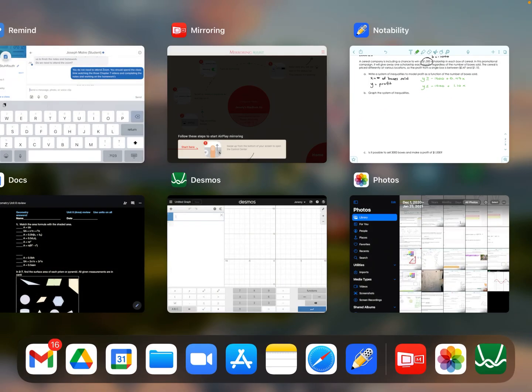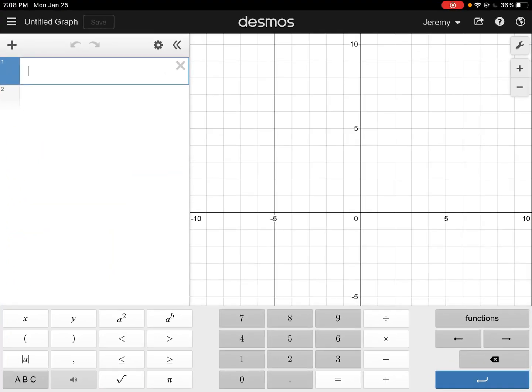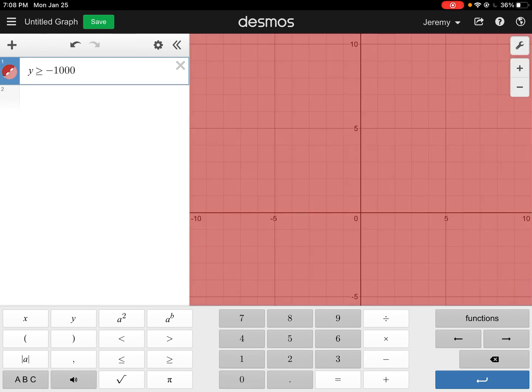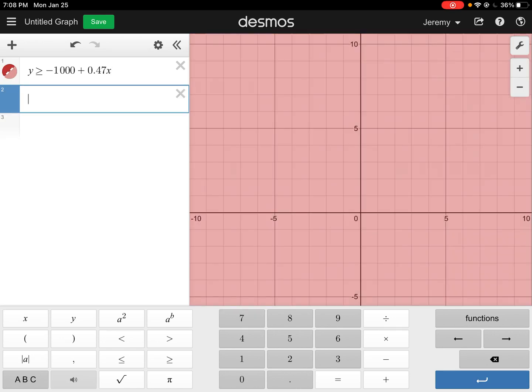So we jump over to Desmos, and our inequalities are y is greater than or equal to negative 1,000 plus 0.47x, and our second inequality is y is less than or equal to negative 1,000 plus 1.10x.